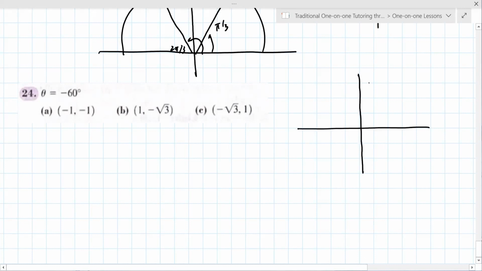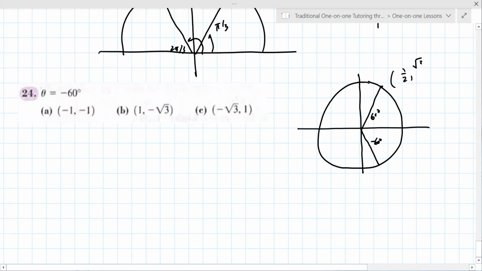So 60 degrees is that pi over 3. That 60 degrees is right there. So minus 60 is down here. You got it. That's how you do this with symmetries to learn it. That's how you learn your unit circle. This is 1/2, square root of 3 over 2. And so this right here is 1/2 comma minus square root of 3 over 2, because it's obviously going down.